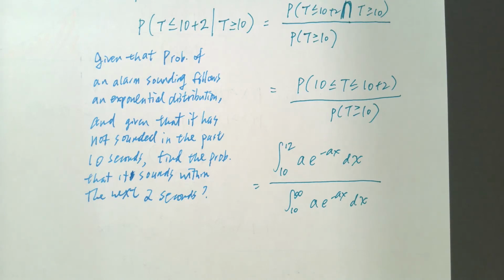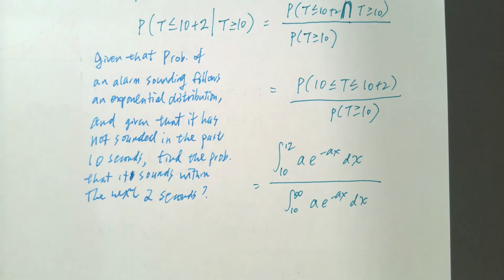If you only want to know the probability that it's going to sound within the next 2 seconds, then you really just have to find the probability of it sounding in the 2-second interval.